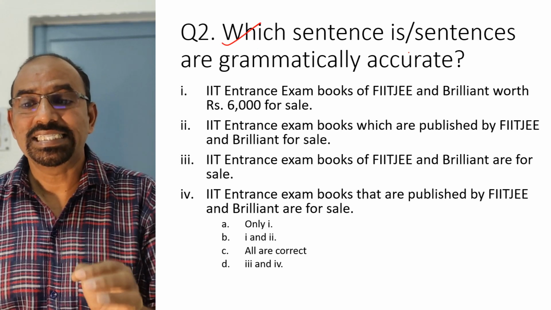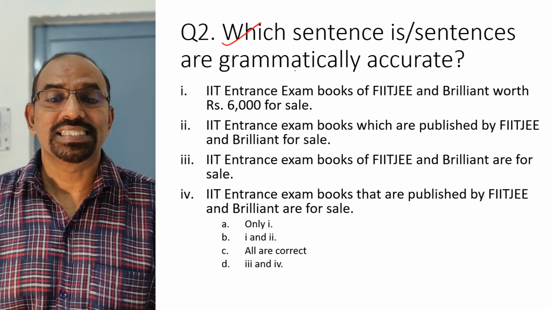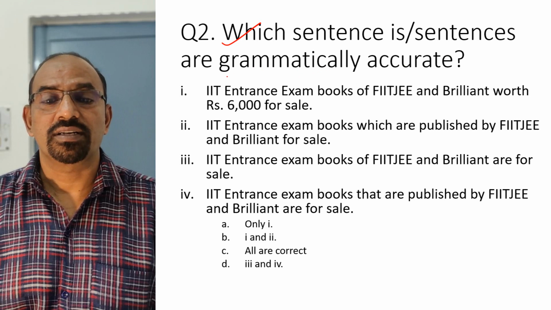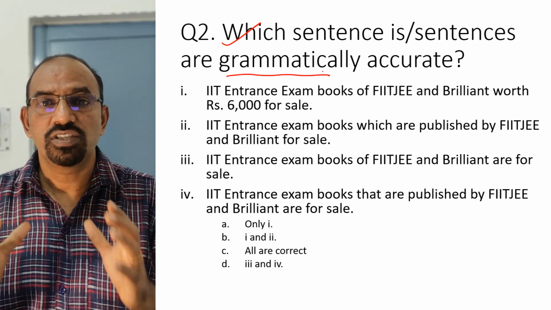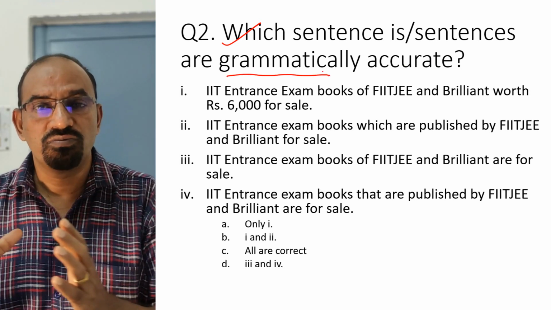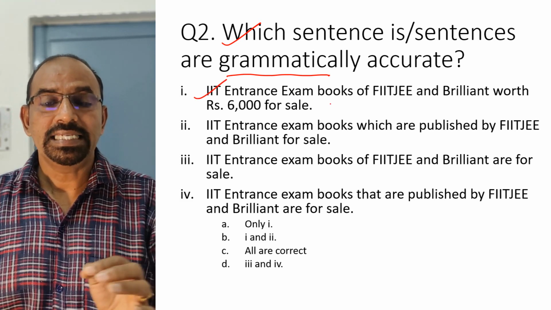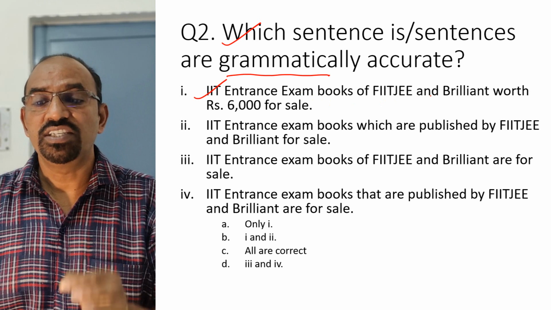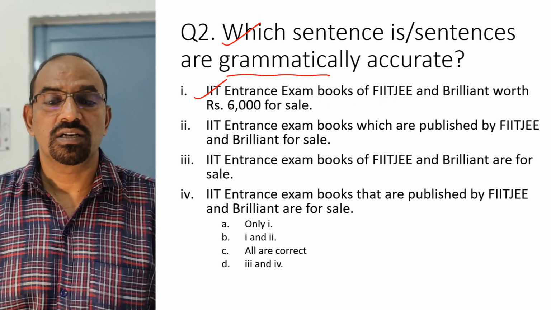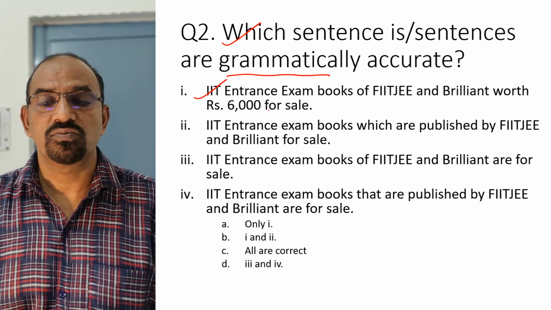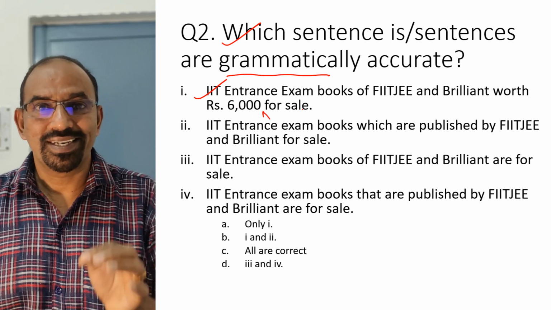Which sentence or sentences are grammatically correct? This question is to check your accuracy of language. Look at the first sentence. IIT entrance exam books of Fiji and Brilliant worth rupees 6,000 for sale. Is it a sentence?